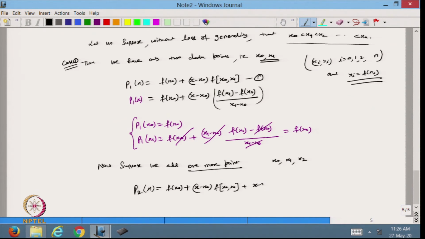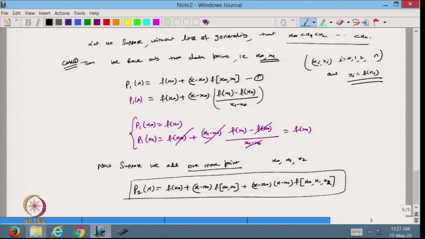So, that is (x minus x0) and (x minus x1), and then the second order divided difference. So, this was my p1(x), and I have added one more term, that is (x minus x0) into (x minus x1) times the second order divided difference, and then it will be my quadratic polynomial.